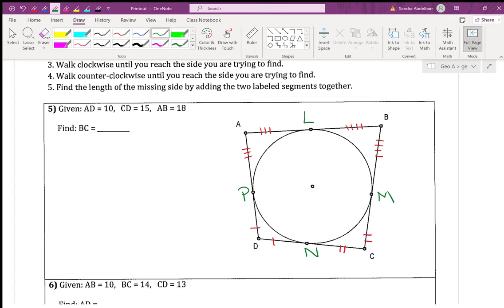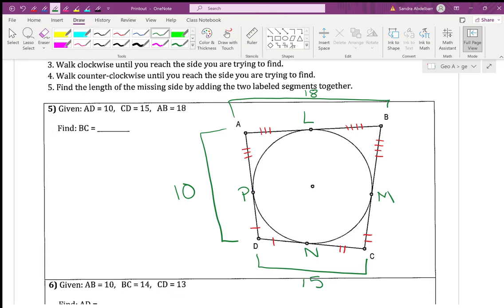We are told that AD is 10, that CD is 15, and AB is 18. We want to find the full length of BC.